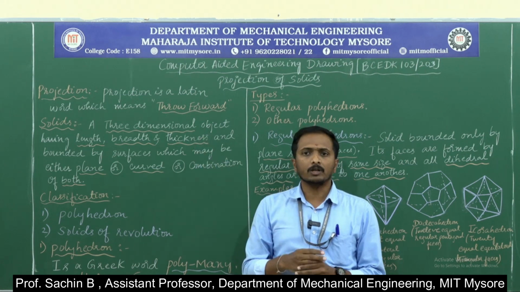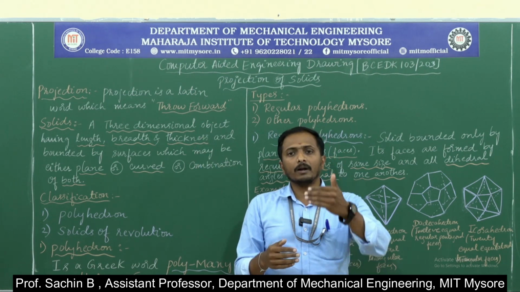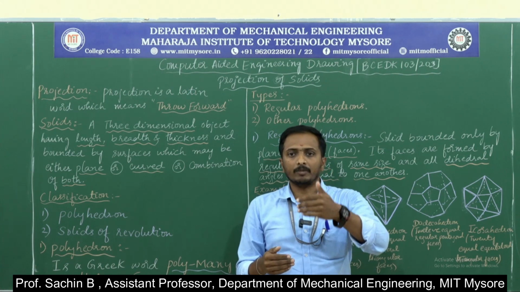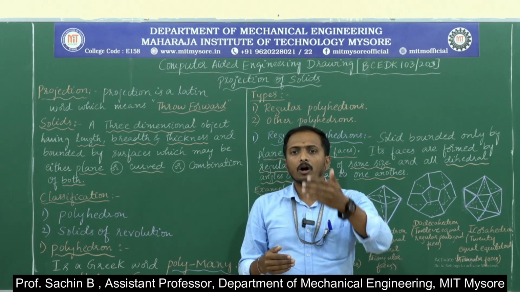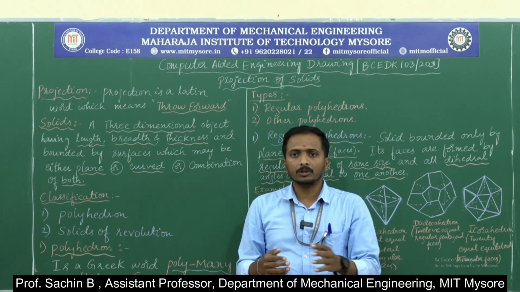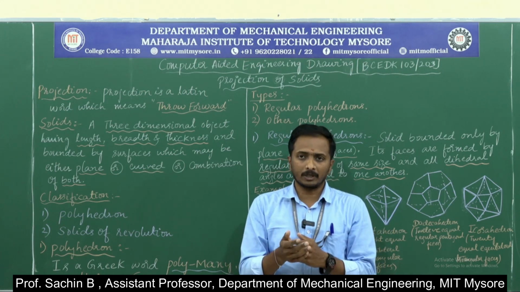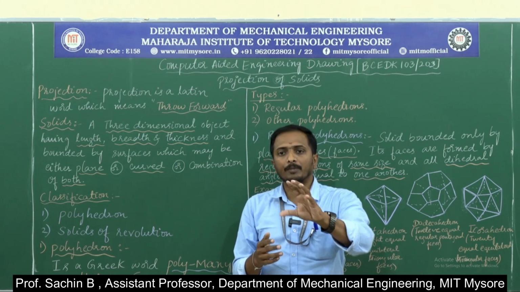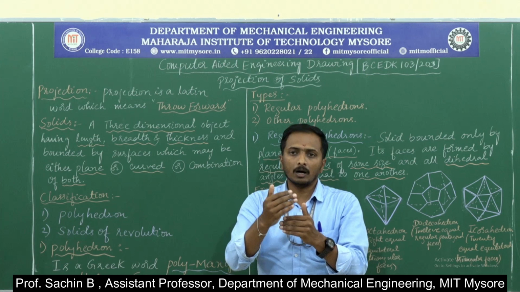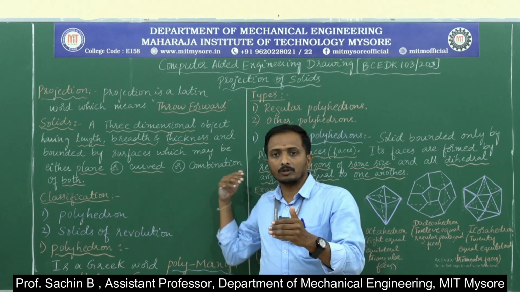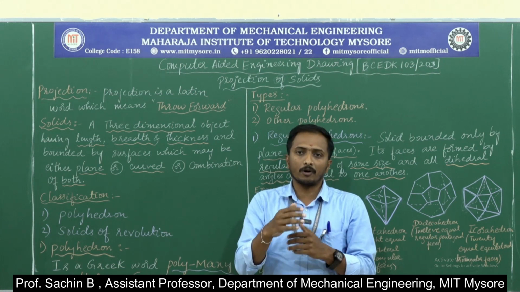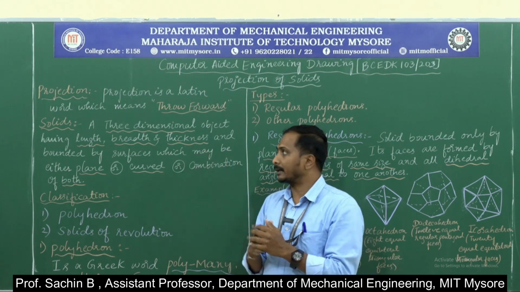Here also it is the same thing. Projection means you are projecting the object image, whether it may be the front view, the top view or the side views, onto the respective planes. You project how the object's appearance will be towards the screen. Because of that, projection is called throw forward, by the Latin meaning.